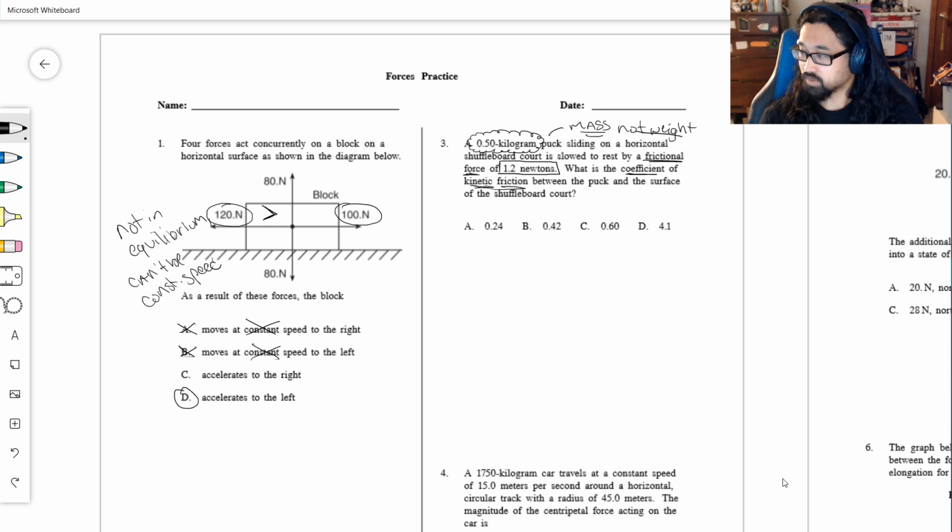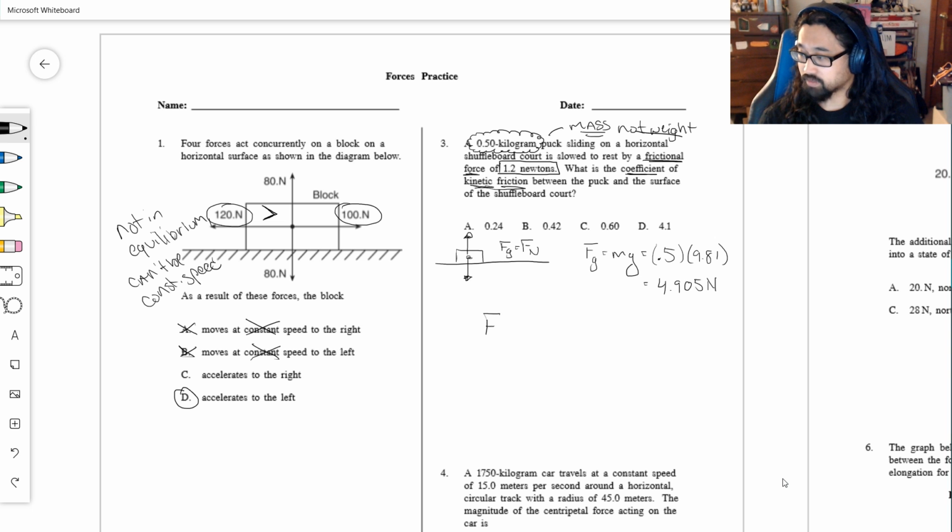We said a little earlier that the force of gravity equals the normal force. But if I want the force of gravity, I have to do mass times the acceleration due to gravity. So I have to do 0.5 times 9.81. Now that is 4.905 newtons. That's the force of gravity, which equals the normal force.